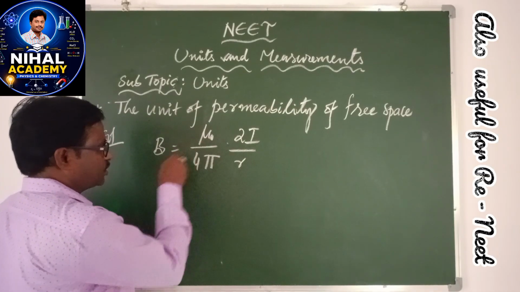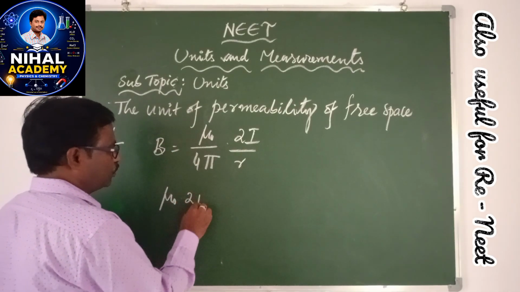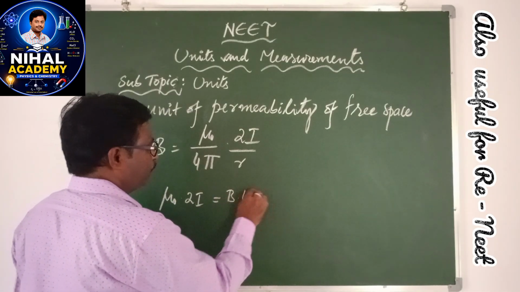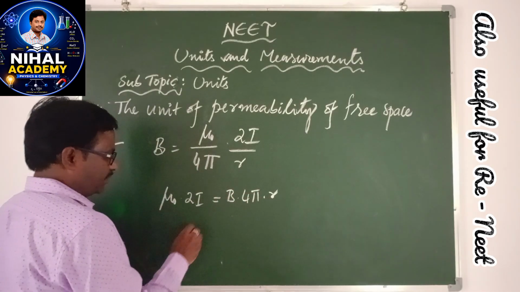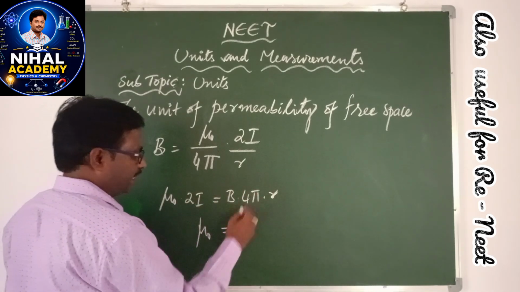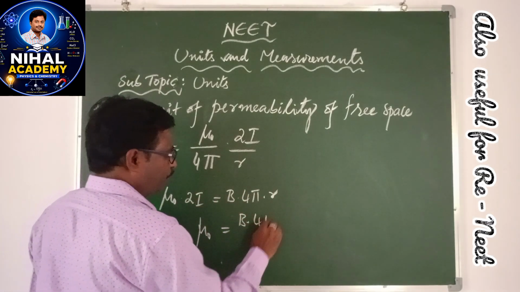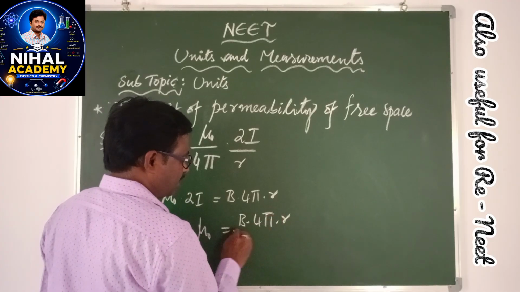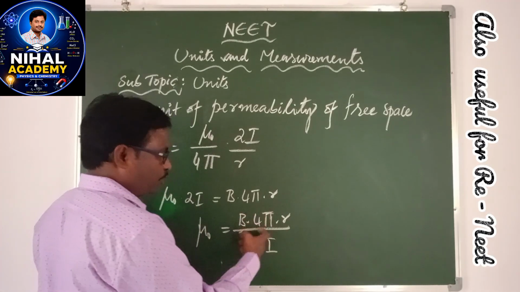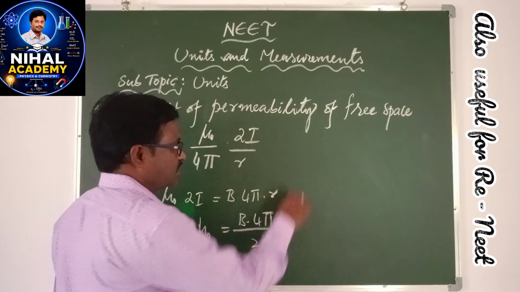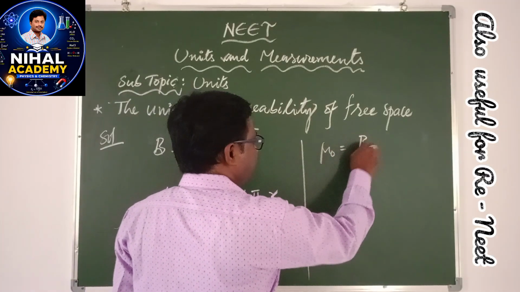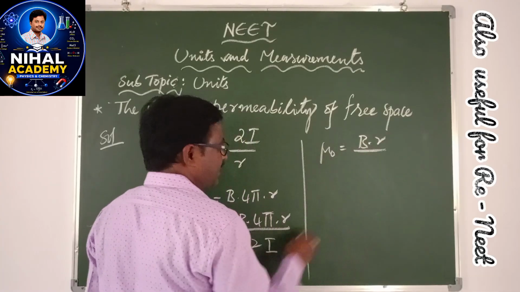Cross multiplication: mu naught into 2I is equal to B into 4 pi into R. So mu naught is equal to B into 4 pi into R by 2I. Here 4 pi and 2 are constants, so we can take it as B into R by I.